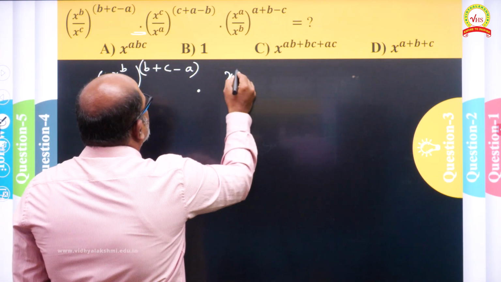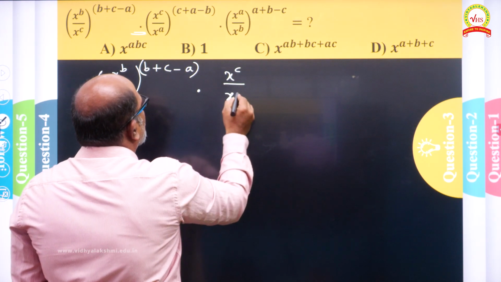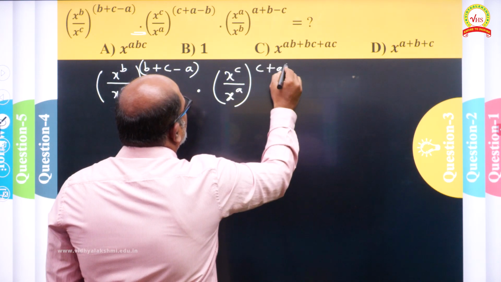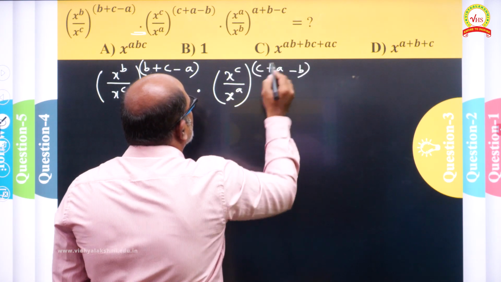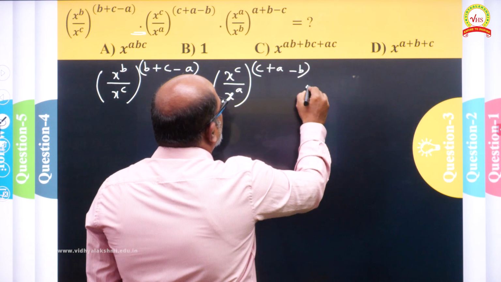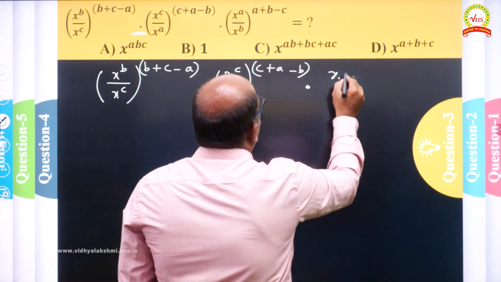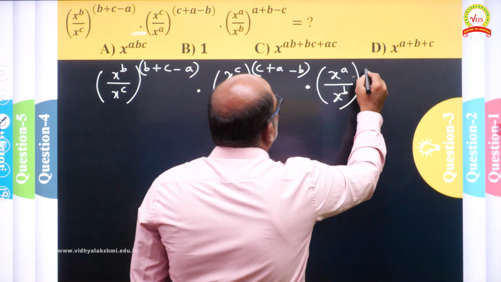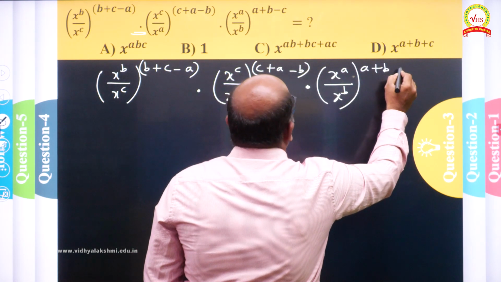Then x power c by x power a the whole raised to c plus a minus b, okay. Then followed by the product with x power a by x power b the whole raised to a plus b minus c.